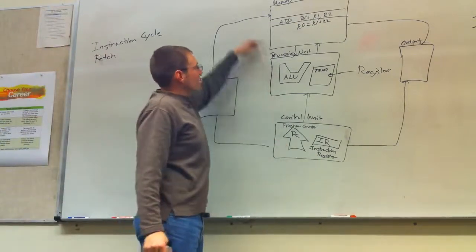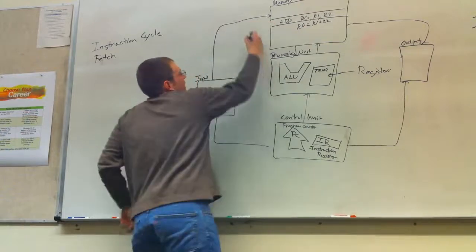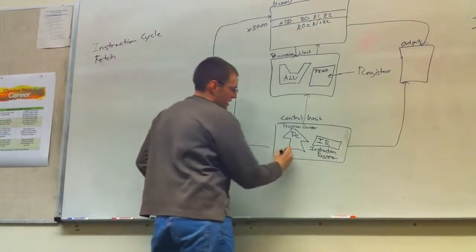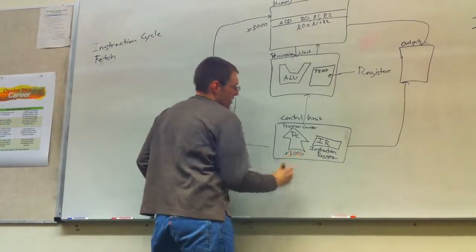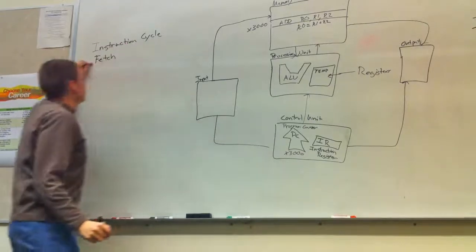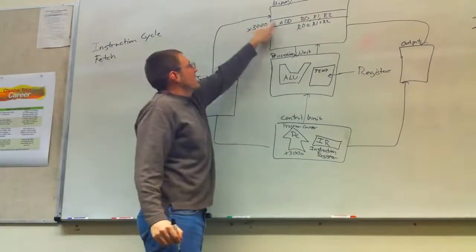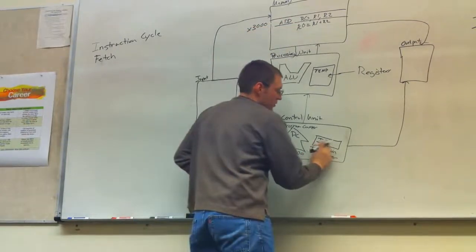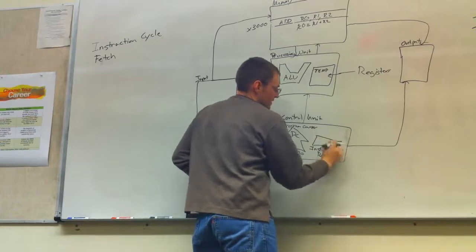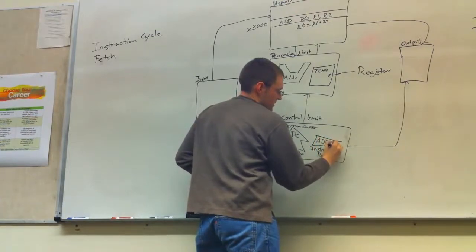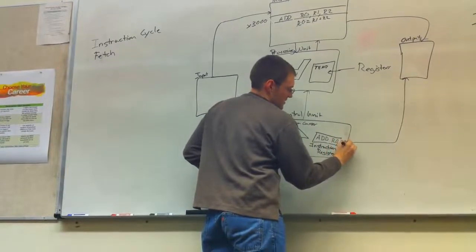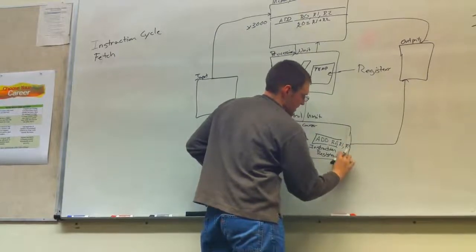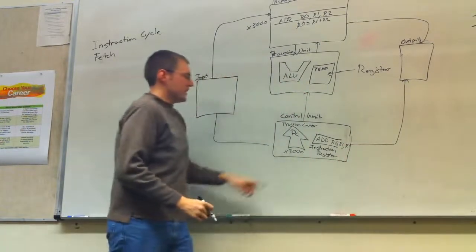So the PC is currently pointing to this memory location. I'm going to say hex 3000. So in here, this is pointing to hex 3000. At the fetch, the first thing the computer does is take this address, take this instruction, and move it into the instruction register. And then it increments the PC.